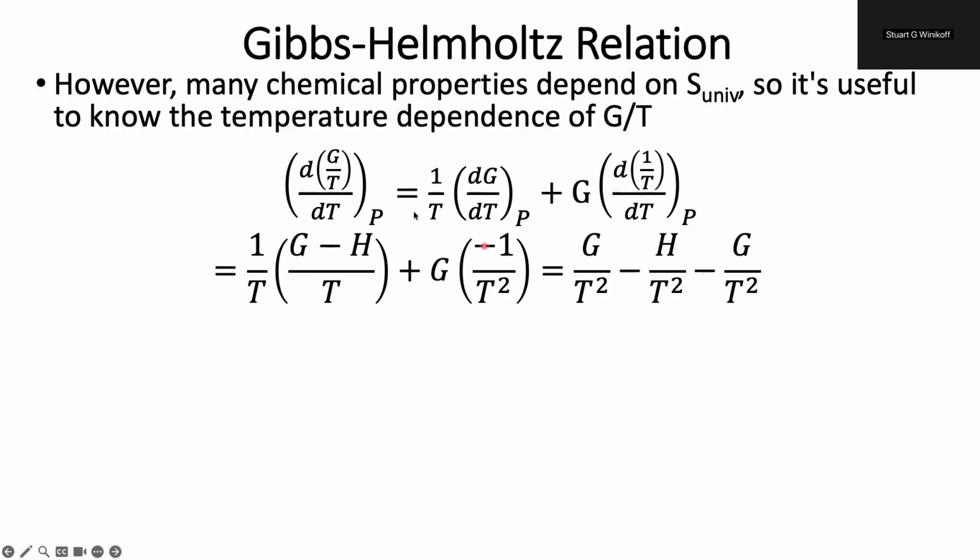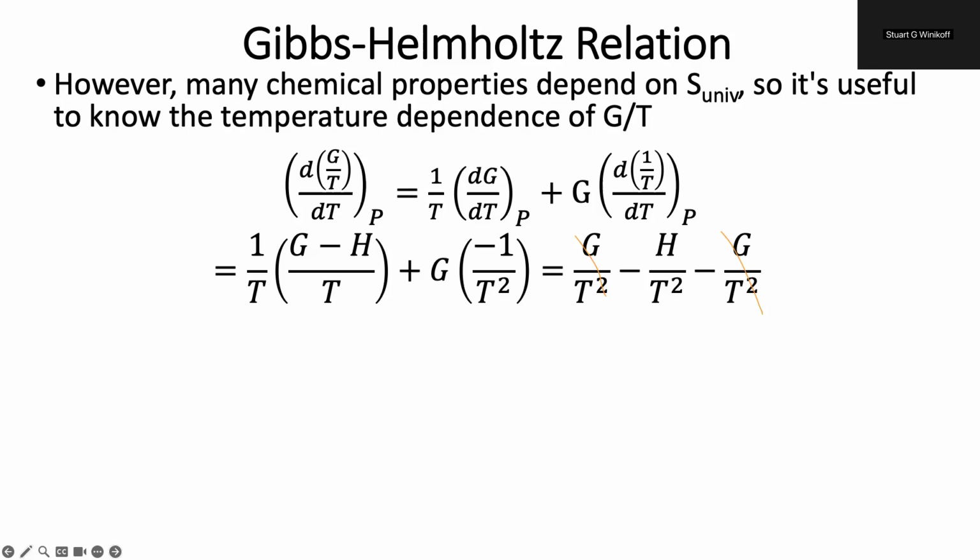Now notice we have a lot of these same terms showing up. So what we're going to do is try and simplify this out by first distributing the prefactors. So this gives us Gibbs over temperature squared minus enthalpy over temperature squared minus Gibbs over temperature squared. Now notice when we do this, we find that we have some canceling terms.